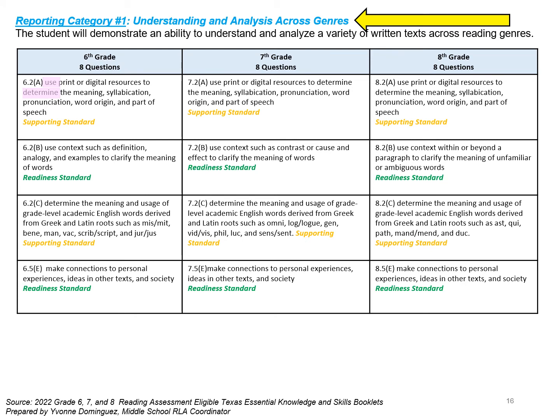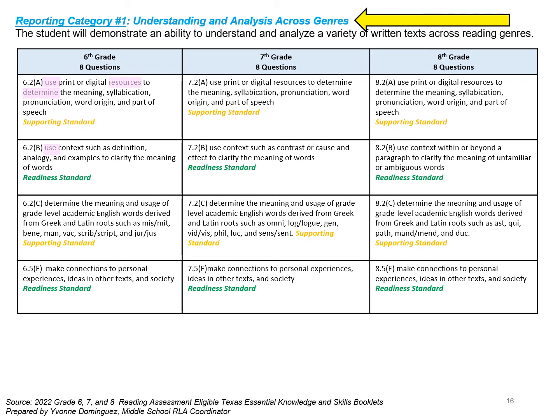Let's look at 2B. The verb here is use, and that is also across grade levels. And the noun is context, also across grade levels. But notice here though that in grade 6, it reads: use context such as definition, analogy, and examples to clarify the meaning of words.